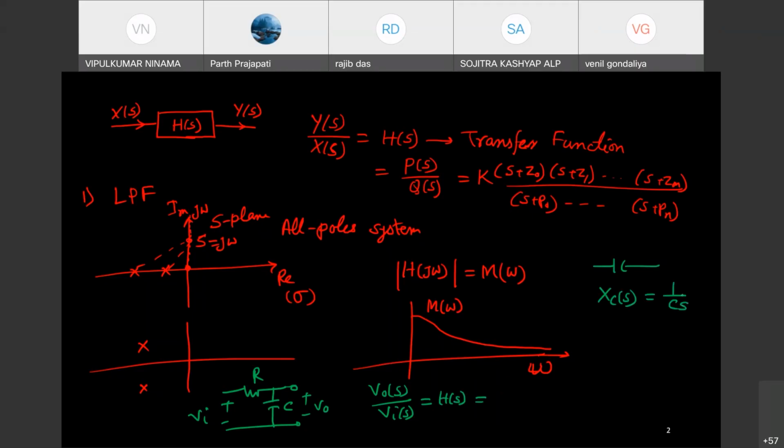And why is it so? Because if the capacitor is C, its voltage across the capacitor is Vc, and current to the capacitor is Ic. What is the relation between Ic and Vc? Anybody? Can you tell me what is the relation between Ic and Vc for a capacitor?